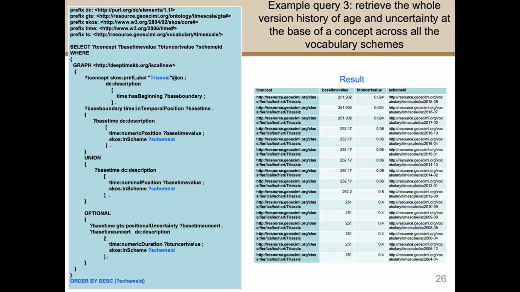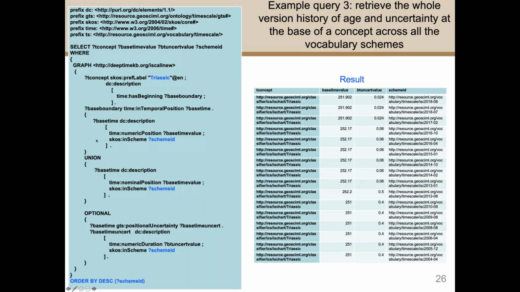And our third use case is also interesting. Since our aim is to trace the version history, in this use case we say, for a given concept, can you give me a list of all those values among all those different vocabulary schemes?